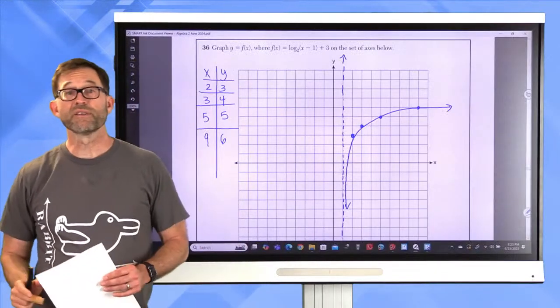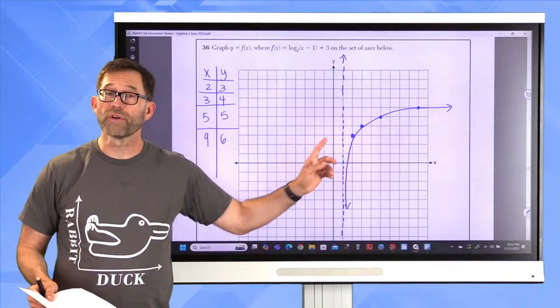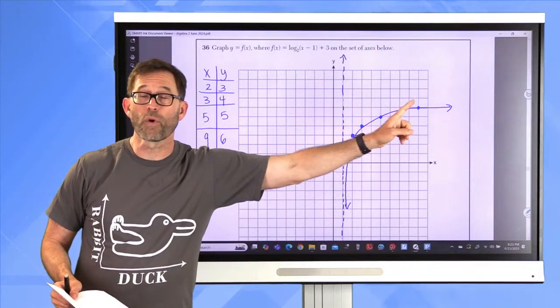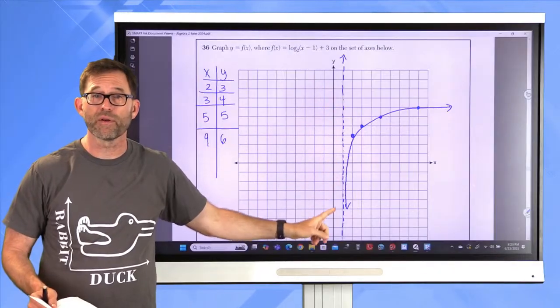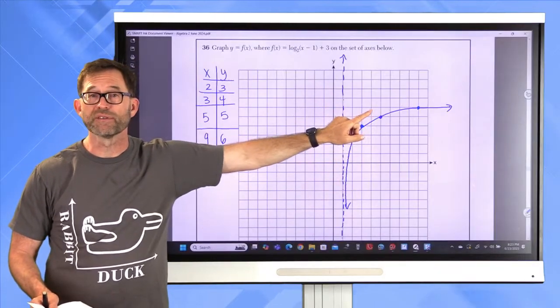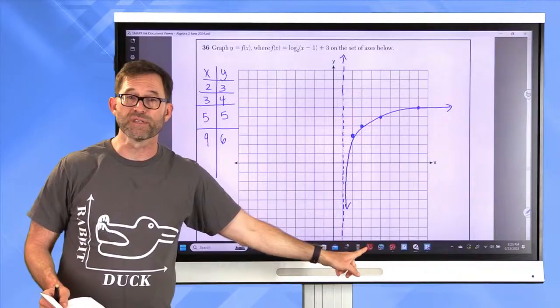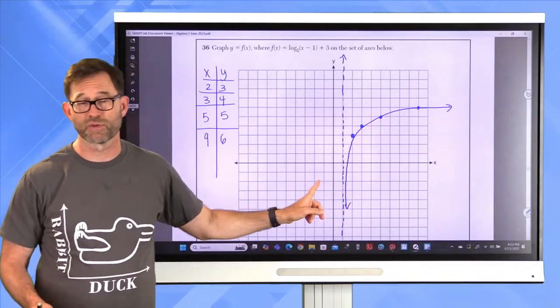All right, so that's the first part of this problem. It's important to have those 4 points accurately plotted. It's also very, very important, even if you don't have the dashed line there, that you have this thing bending down and heading towards negative infinity as it gets closer and closer to that line.